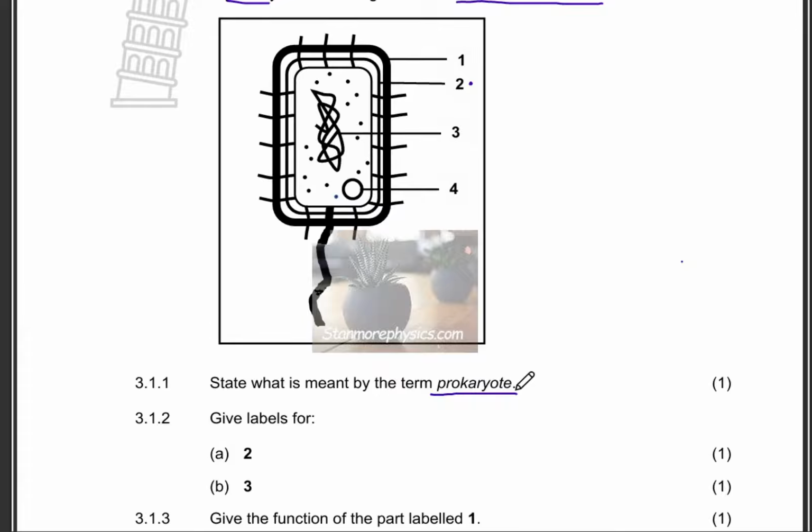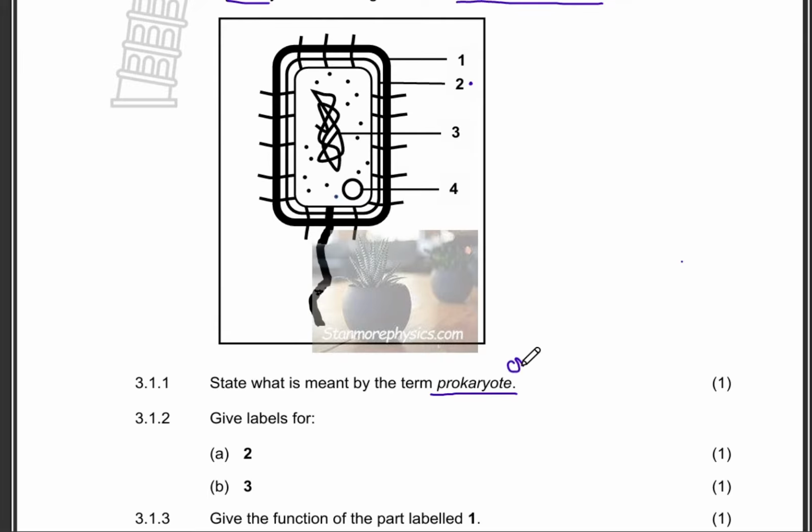Remember guys, we have prokaryotic organisms and eukaryotic organisms. Prokaryotic organisms, which is basically prokaryotes, these are organisms without a true nucleus. Then eukaryotic organisms, these are organisms with a true nucleus in their cell.